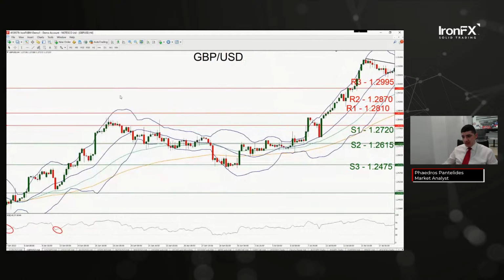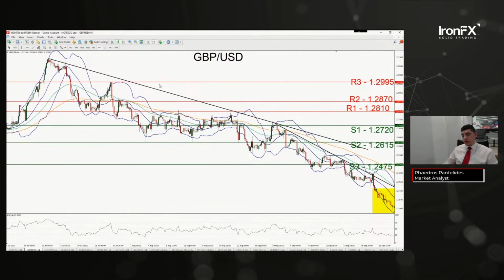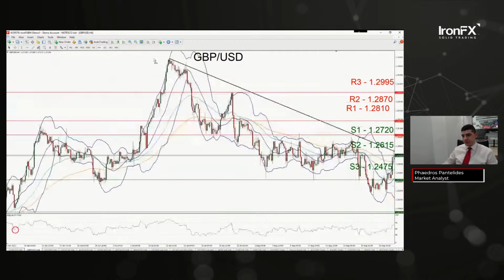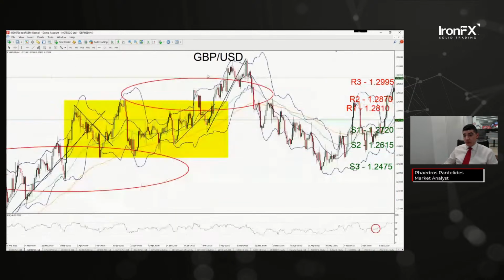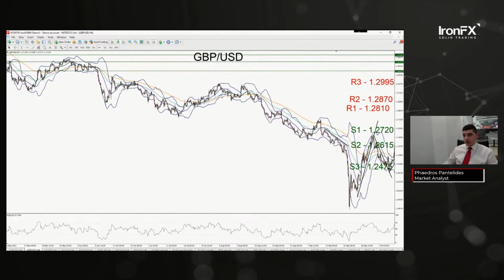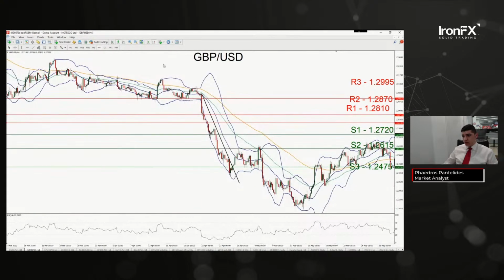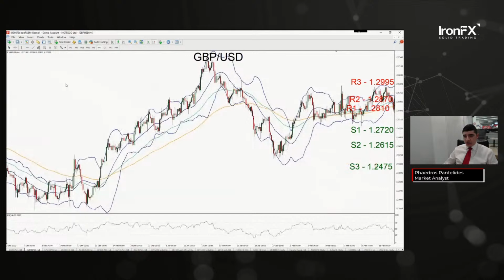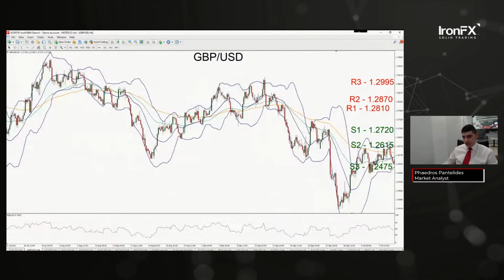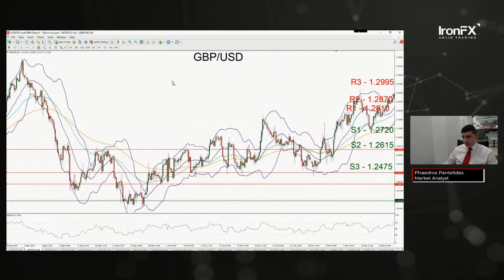But R1 with R2 is still fairly close to each other. Like if you compare S1 and S2 and then you see R1 and R2, then it could easily be broken within a single session. So perhaps it might be more prudent for us to search for an alternative towards R2. Now, that might actually be resistance. I'm not saying it's not. It just could easily be broken in terms of targets, etc.